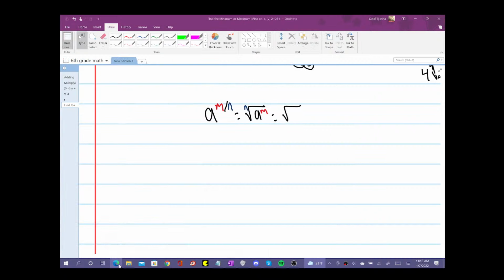So 343 to the 2/3 is equal to the cubed root of 343 squared.